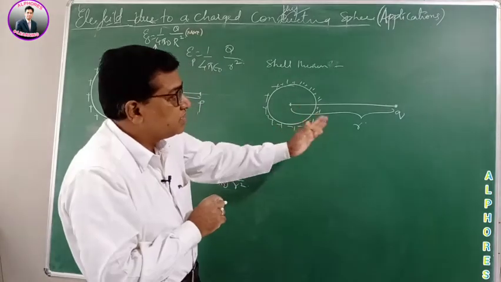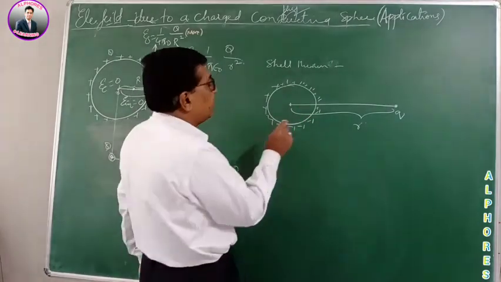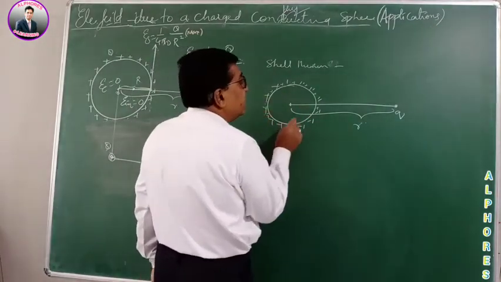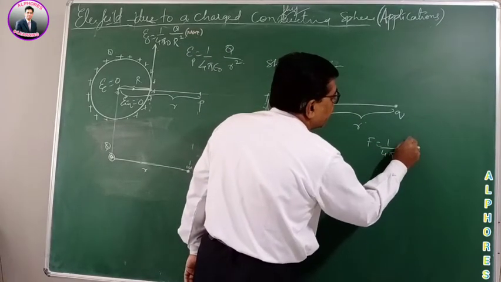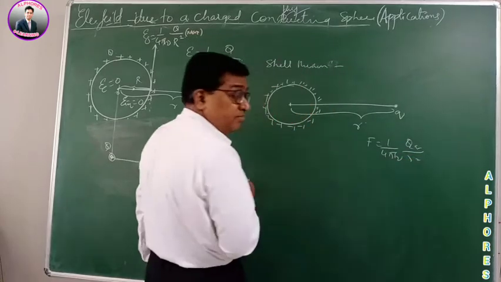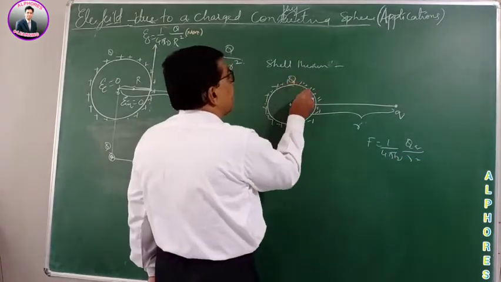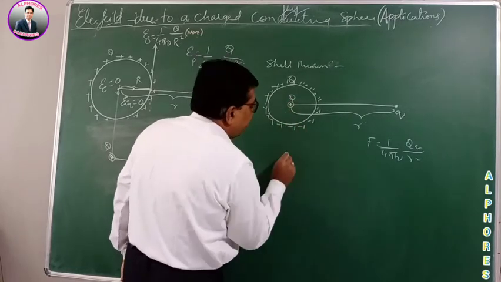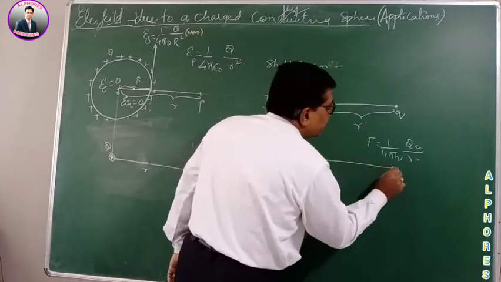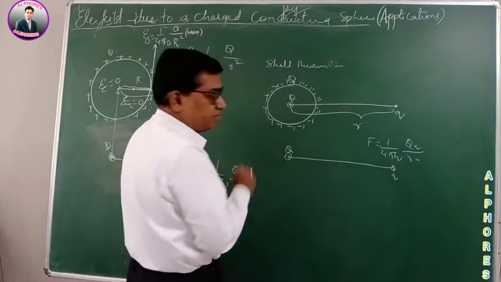Imagining no induction of charge, the force of interaction between them will be 1 by 4 pi epsilon naught capital Q small q by r square. So this charge capital Q behaves as if all the charge is at its center, and it behaves like the force between 2 point charges.